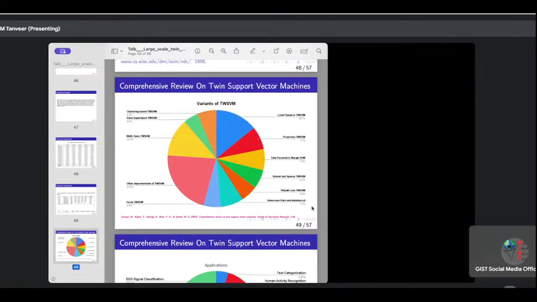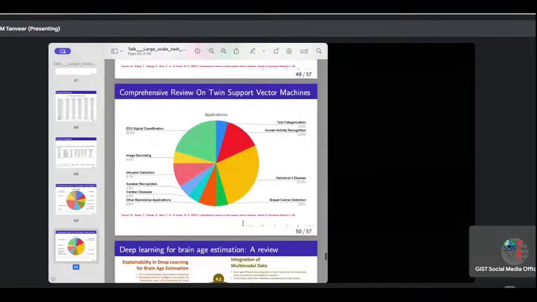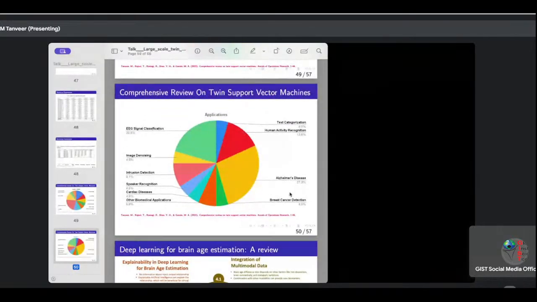So you can see that a lot of work has been done in different variants of this algorithm, and it has been applied in several directions like Alzheimer's disease, breast cancer, human activity recognition, text categorization, EEG signal classification, image denoising, intrusion detection, speaker recognition, and several other diseases.